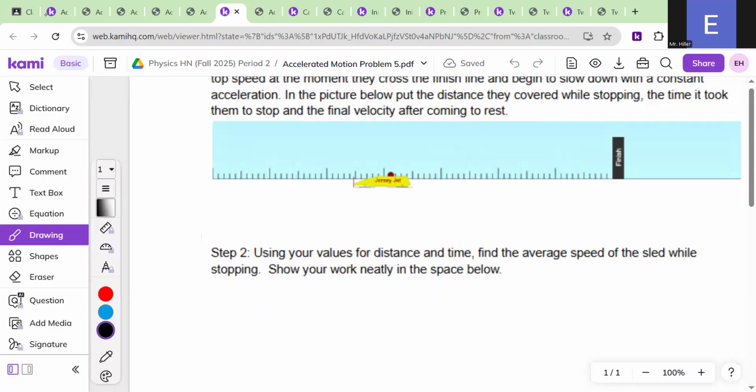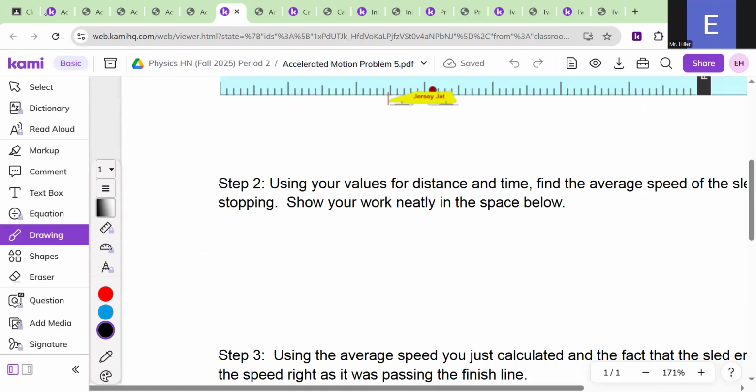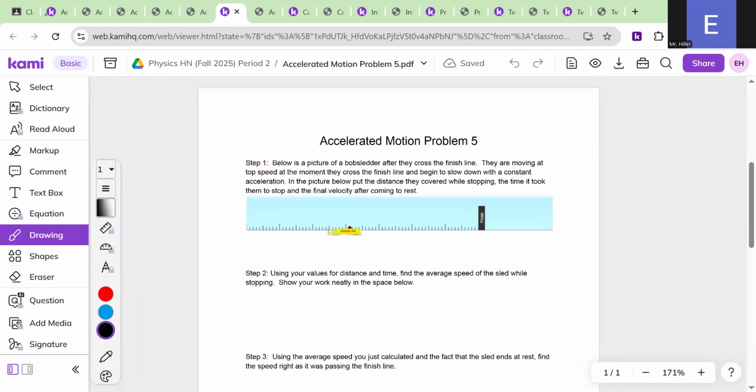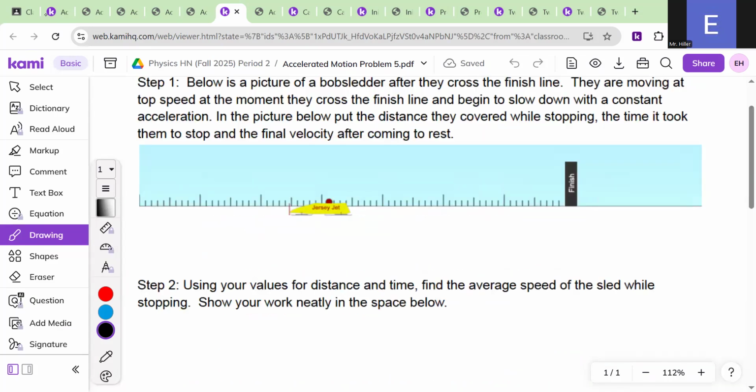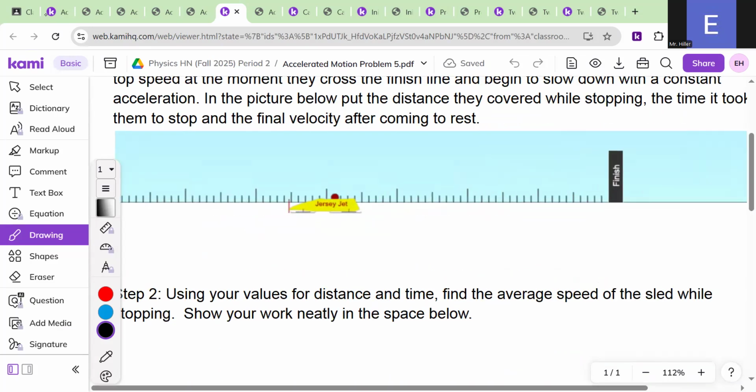Okay, so first thing I'm going to do is make my list of variables. Well, actually, first thing I ought to do is put my position on here, and let's list the information.